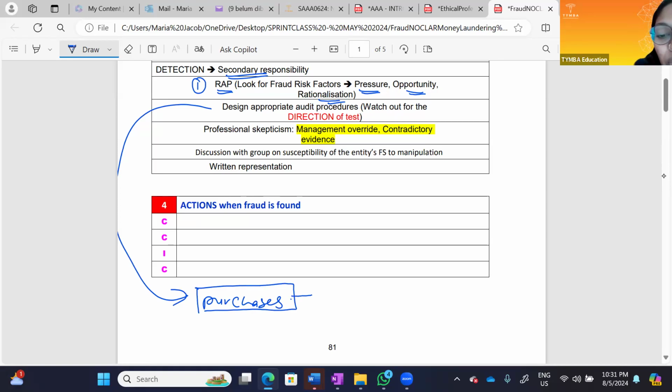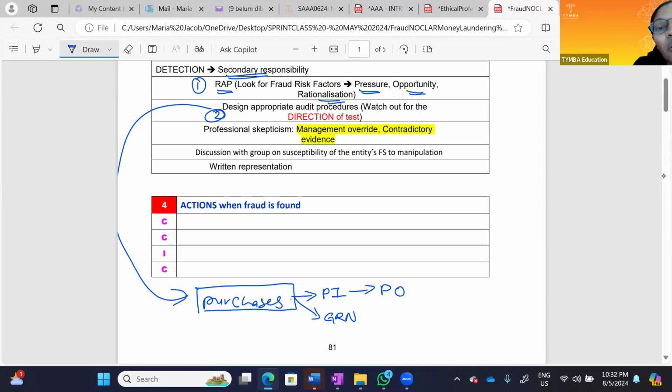So I'll look out for the relevant purchase invoice, see the address of the supplier, and look out for whether any purchase order has been raised by the company. If we have recognized purchases, there should be goods receipt notes. So I have to do an appropriate audit procedure to look out for evidence of the fraud. That's the second part, so that you can fulfill the responsibility.